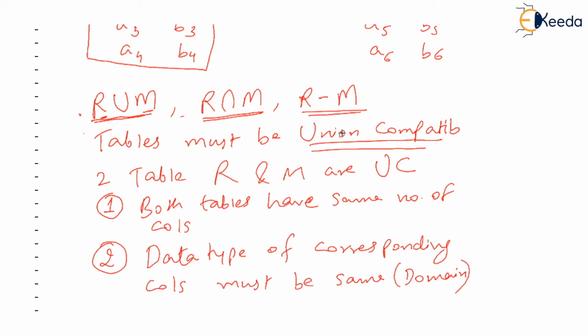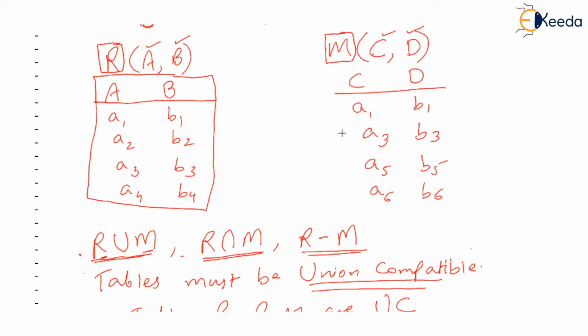For example, suppose the column A here, column A is integer column. So all these values, just imagine A, A1, A2, A3, I have written them as representatives, but imagine they are integers. Then column C must be an integer column, the first column of M. Also, if column B, let us say is alphanumeric, it is alphabet and numbers, then column D must be alphanumeric.